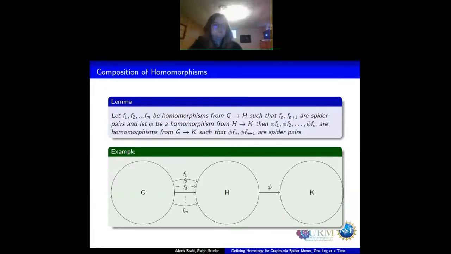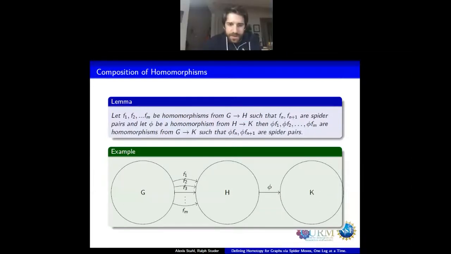Here we can see one of the first things we proved: if we have a series of spider moves labeled F1, F2 through FM that go from G to H, and they're composed with the homomorphism phi, the spider pairs are preserved.